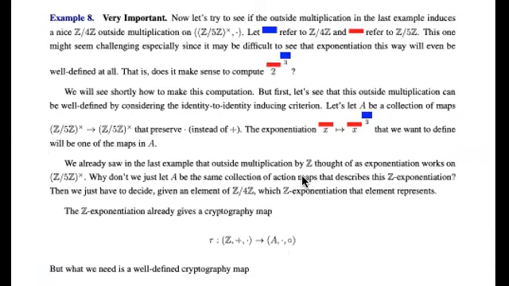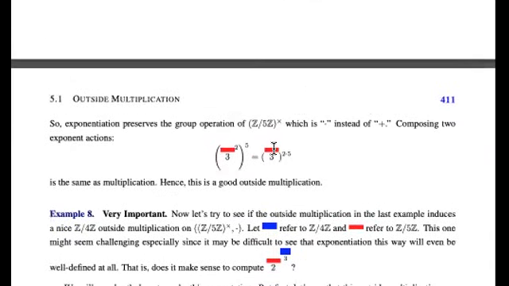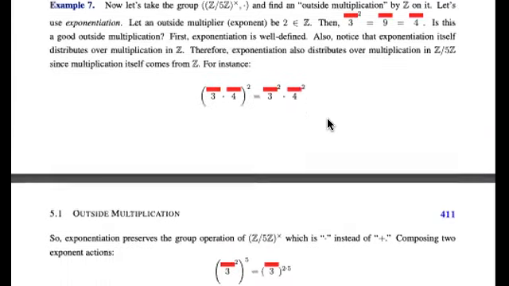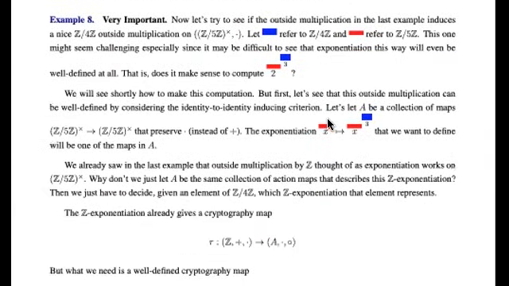So let's look at this next example, example 8. Let's suppose that we want to take something in Z mod 5Z. Can we raise it to a power that's in another mod, like Z mod 4Z, for instance? Definitely we can take something and raise it to an integer power. Can you raise it to a mod power?